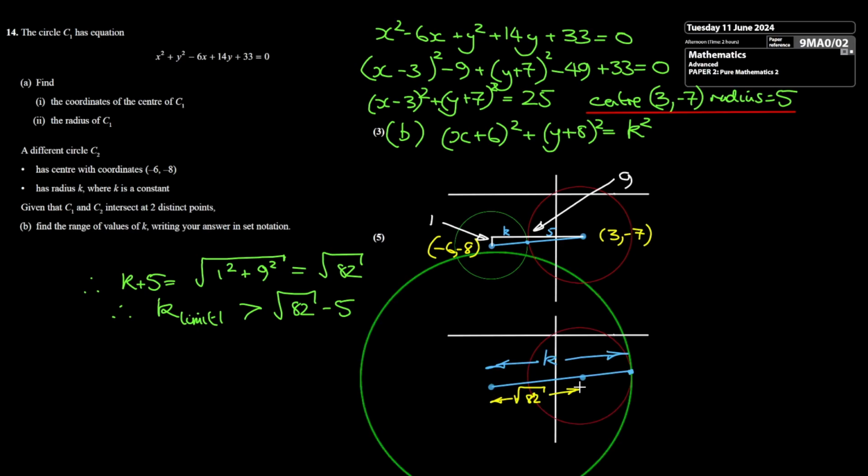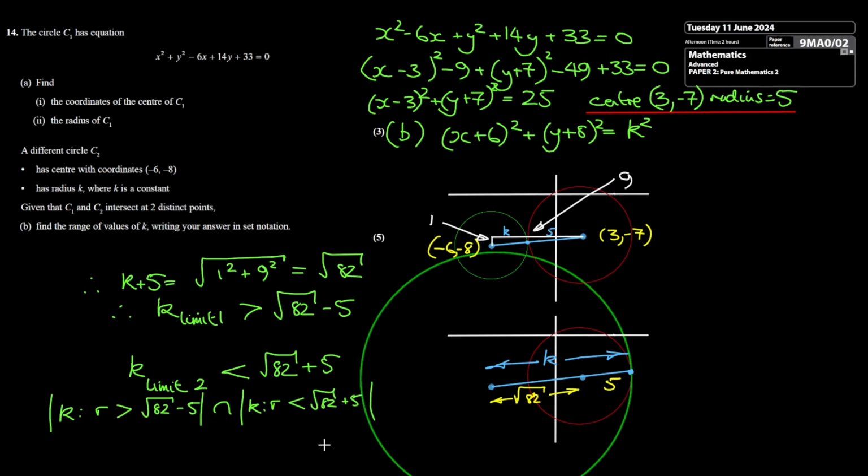And remember, this distance is still root 82, and this distance again is 5. So the upper limit, this is going to have to be less than root 82 plus 5. So all we've got to do is write this in set notation, and it will look something like that. And that will be the answer to question 14.